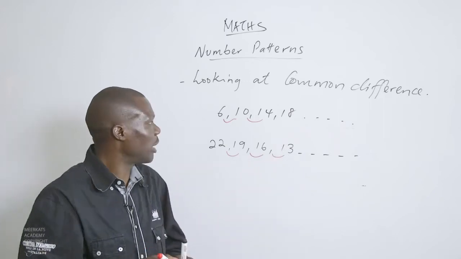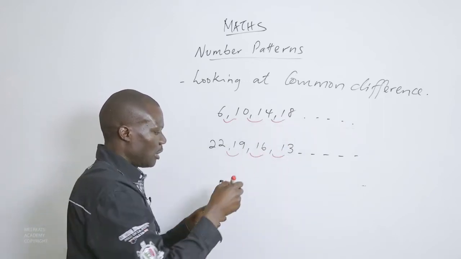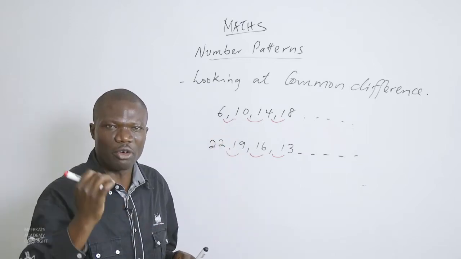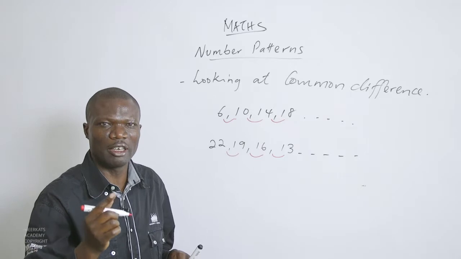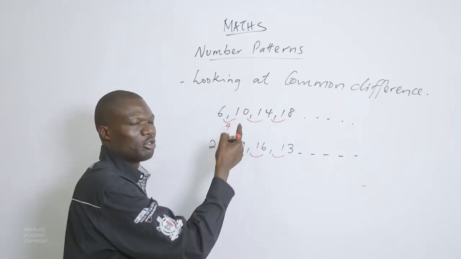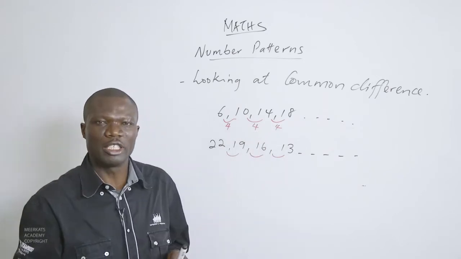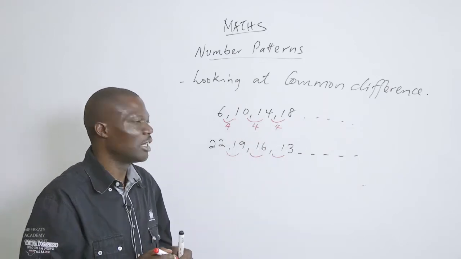So you will realize that in the first one, there is a difference of 4. From 6 to 10, there is 4. Between 10 and 14, there is 4. And between 14 and 18, there is 4.